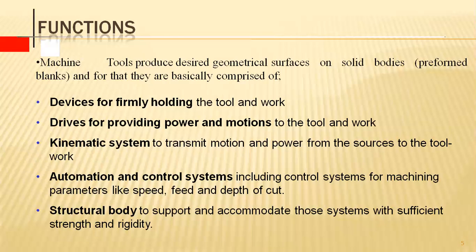And control systems, we have learned that there are two different types of control systems, open loop and closed loop. Open loop is entirely manual, and even though it is connected with a control system operated with electrical power supply, it will not have any feedback.